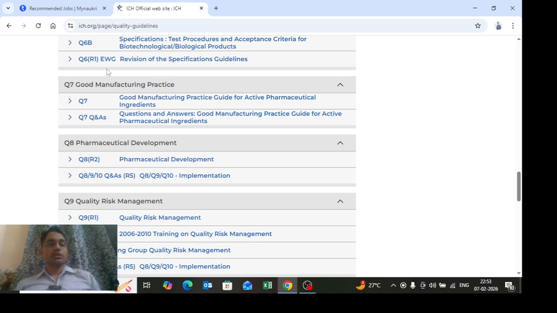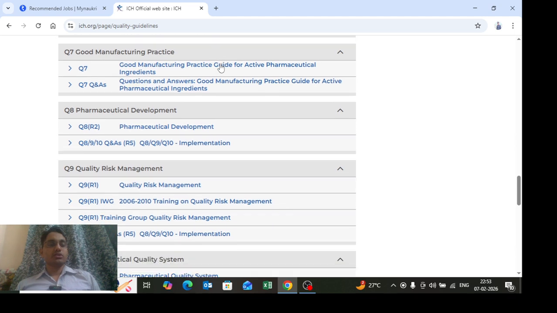Then Q6 R1 EWG, revision of the specification guidelines. Q7, good manufacturing practice. Q7 is the good manufacturing practice guide for active substances. These are guidelines applicable to the manufacturing plant of APIs. Then Q7 questions and answers.